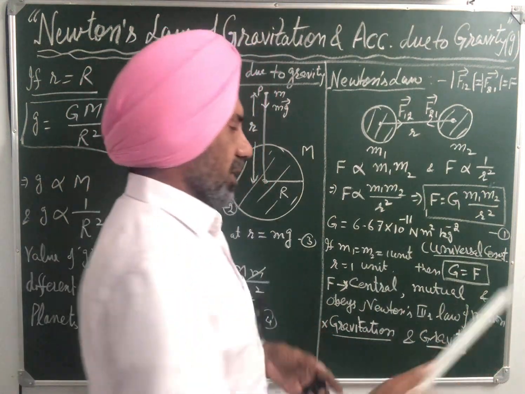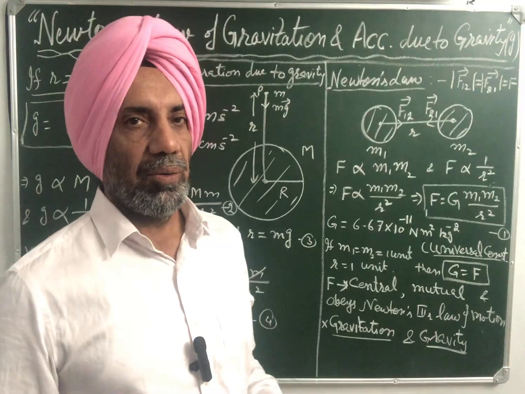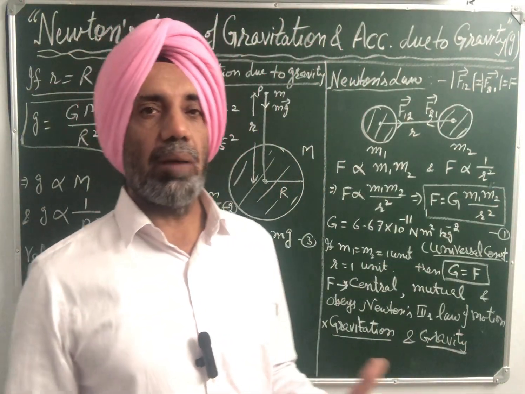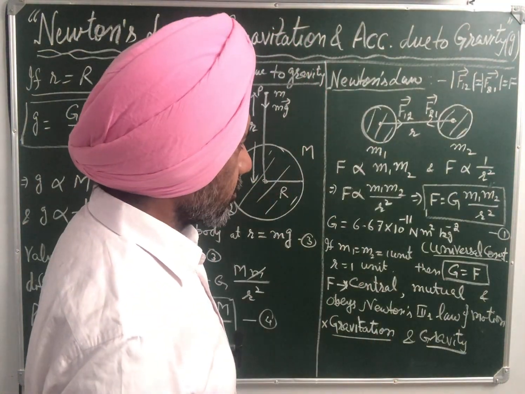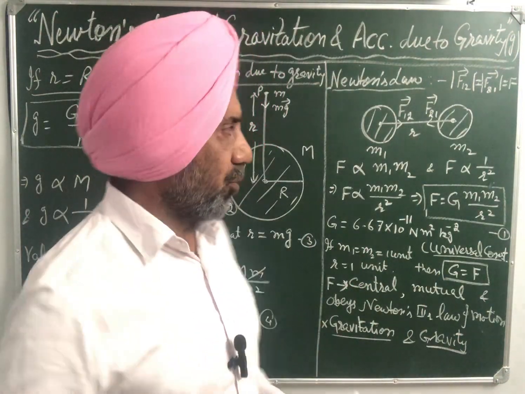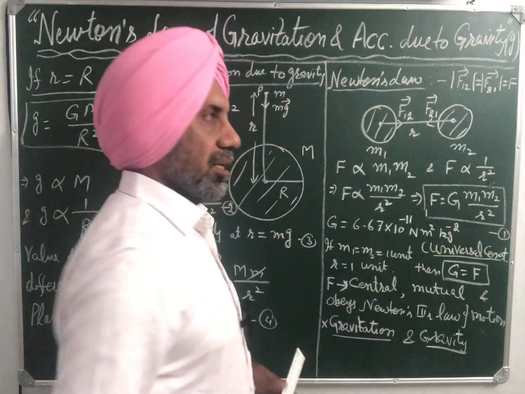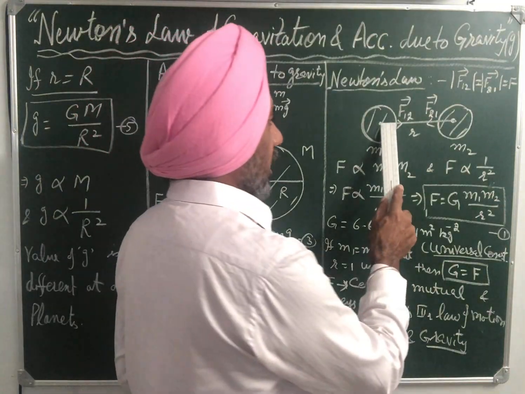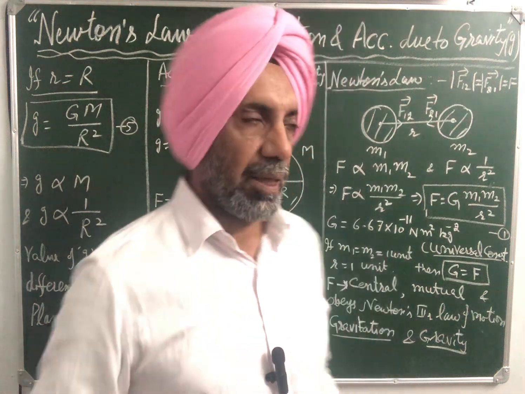It is a universal constant because its value is the same for all types of bodies, whether they are planetary bodies or any two material bodies. That's why it is said to be a universal constant. And the direction of this gravitational force is always directed towards each other along the line joining the two masses.